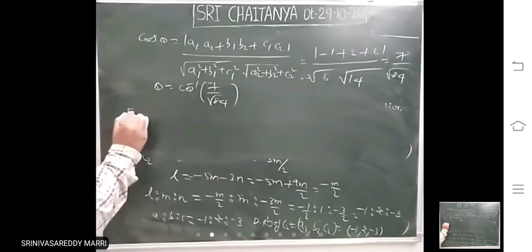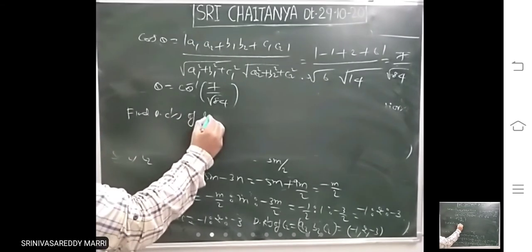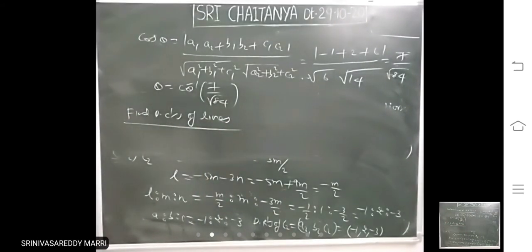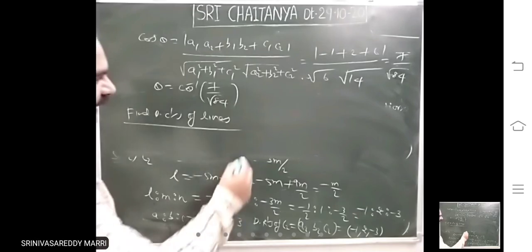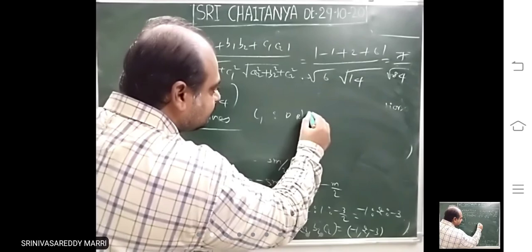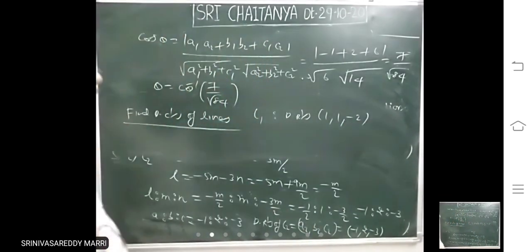Suppose he will ask, find DCs of lines. DCs means for L1 you got DRs. What are they? 1, 1, minus 2 you got.